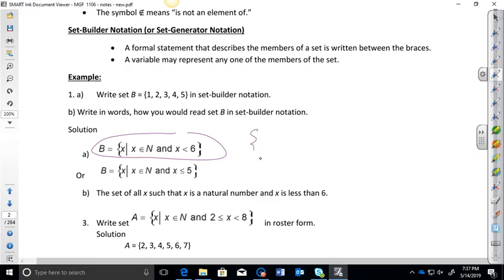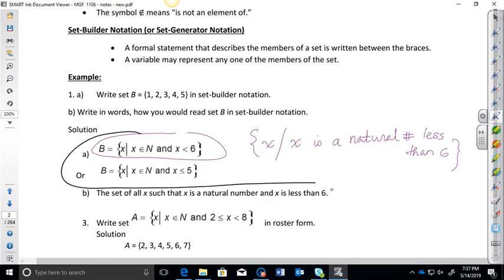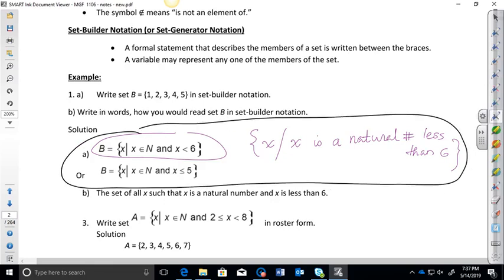You can say set of all x such that x is a natural number less than 6. You can do that. That's correct too. So any of these is fine in set builder notation. You pick the one that's in the choices, because it's multiple choice. All tests are multiple choice.